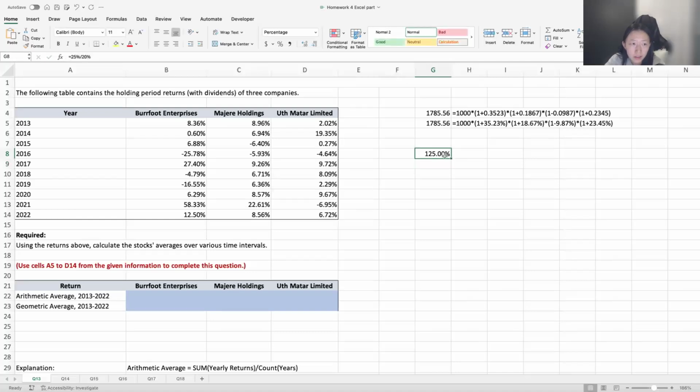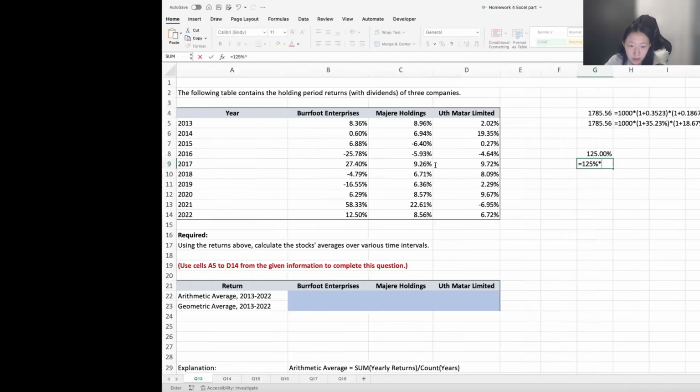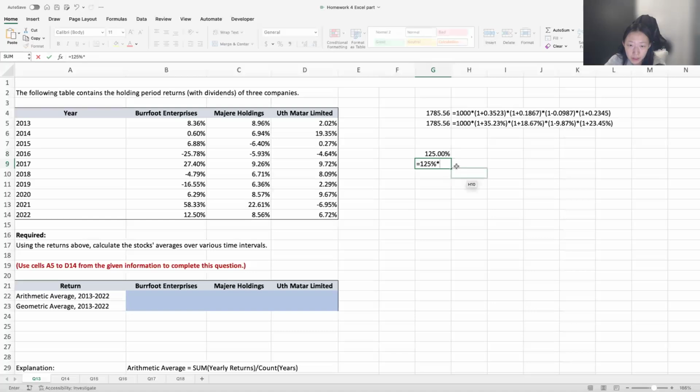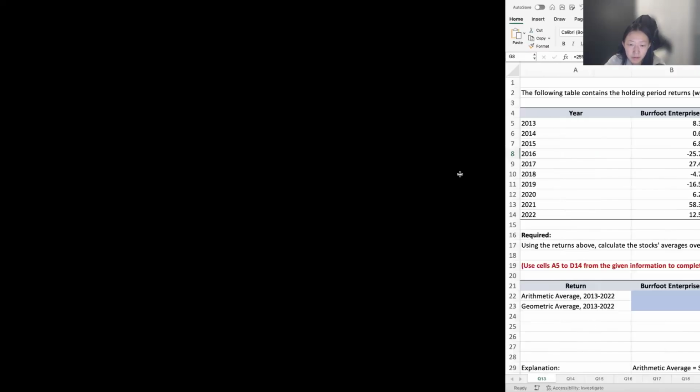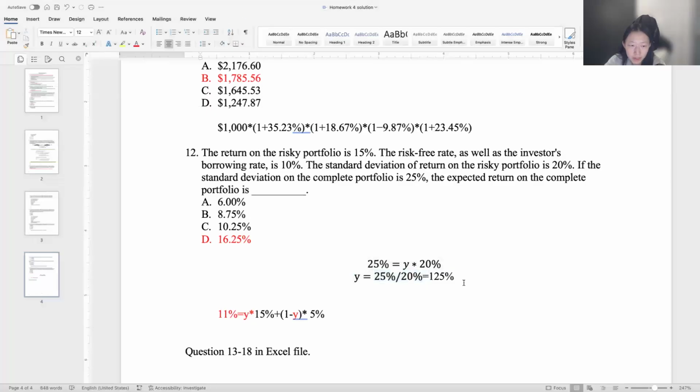Okay, 125. So let me just double check. 125 times 20% equals to 25%. So that is correct. So 125% for the weight.